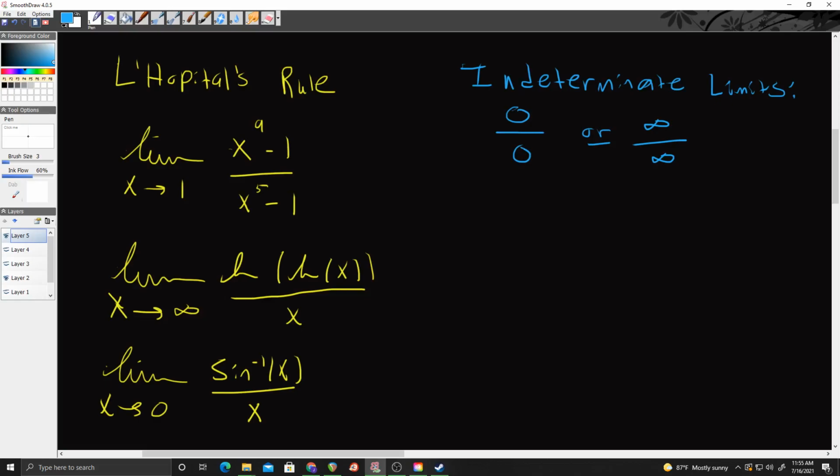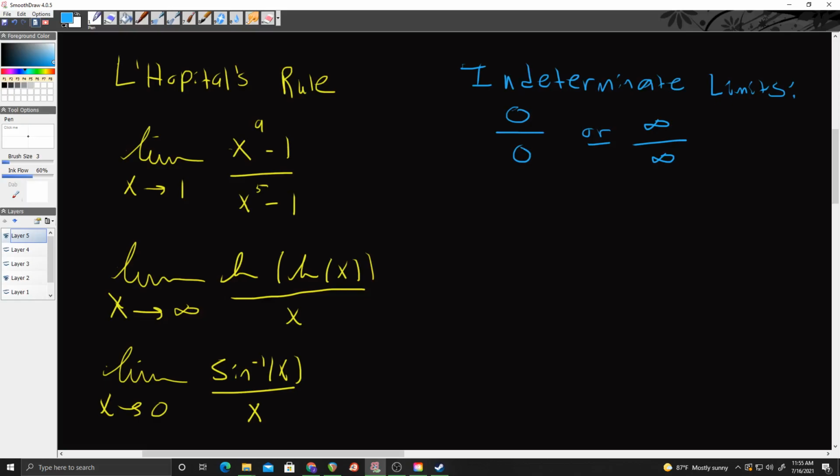If the top reaches 0 faster than the bottom, then we're going to wind up with 0 over something else, which gives us a 0. So the result could be 0.